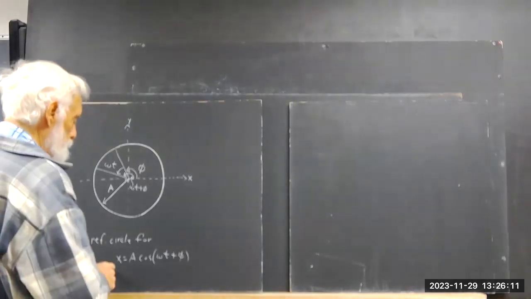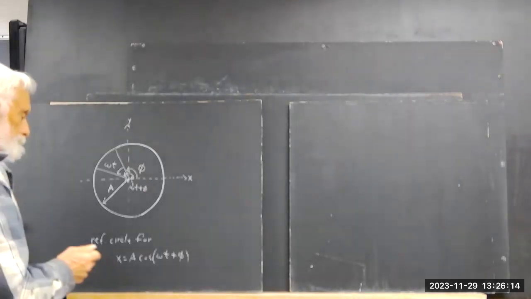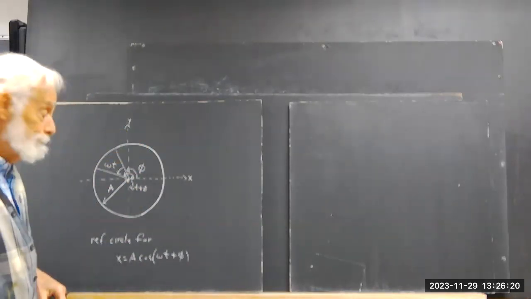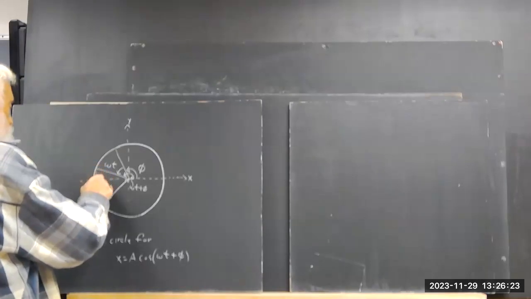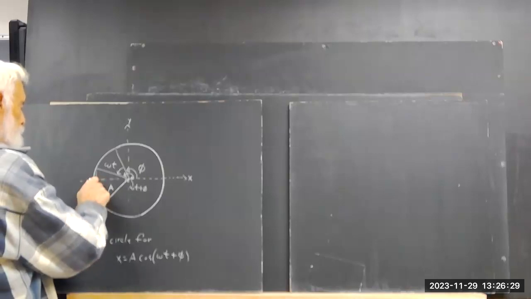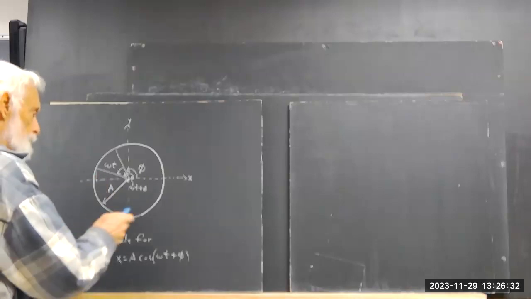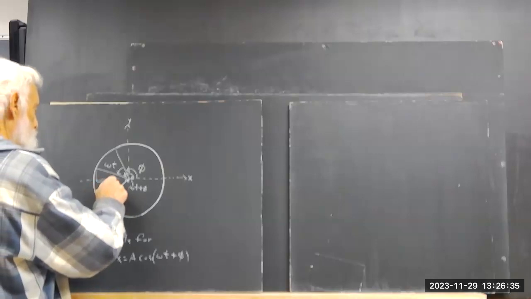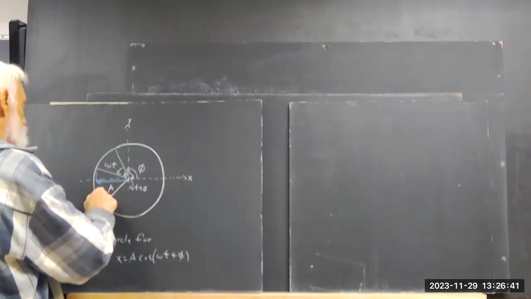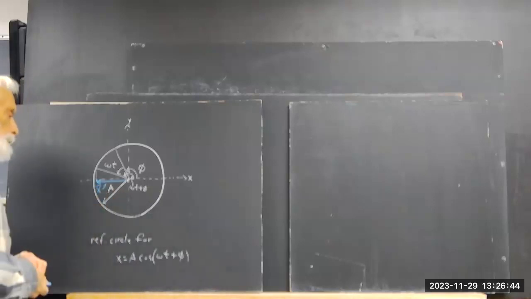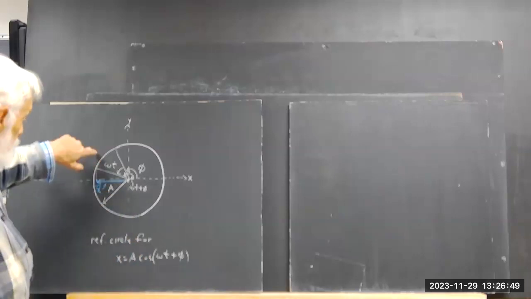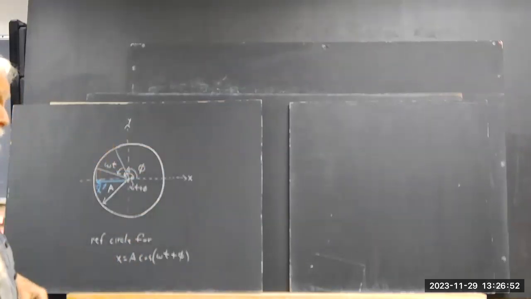So what is x? Well, by the unit circle definition, this is x. Now, x is a vector; I'm going to treat it as a vector. And as t increases, assuming omega is positive, you continue to move around the circle.